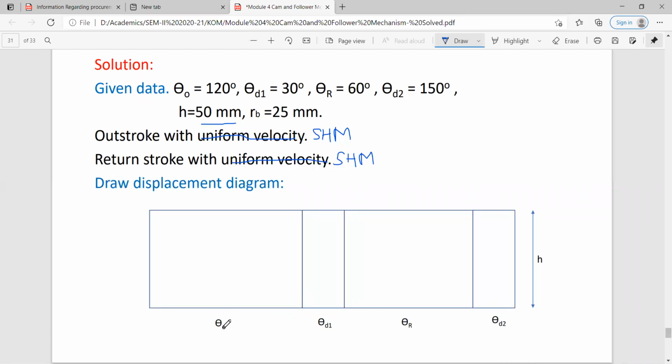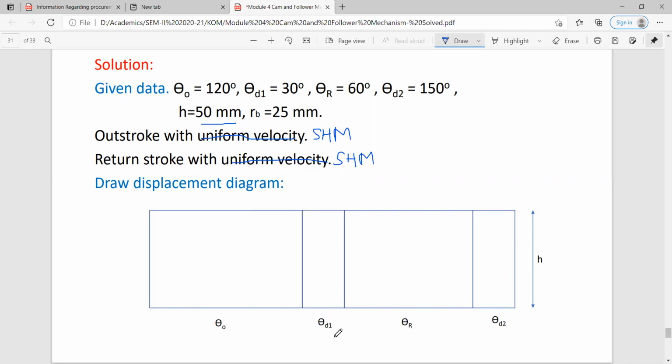Okay, so as you know, we divide the angle of rise into six parts. Generally we divide into six parts. Similarly, angle of return is divided into six parts. So better you take this length as 60 mm and this as 60 mm.